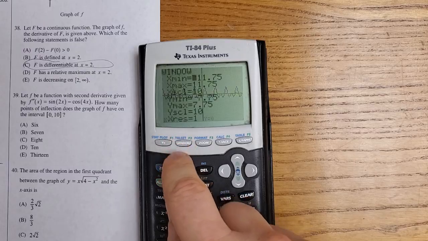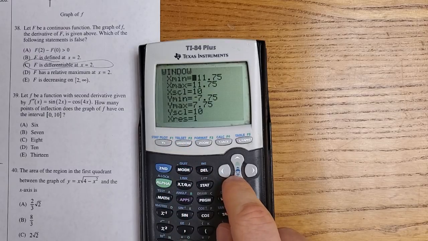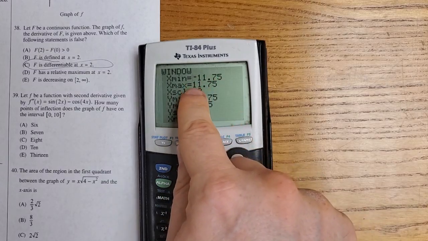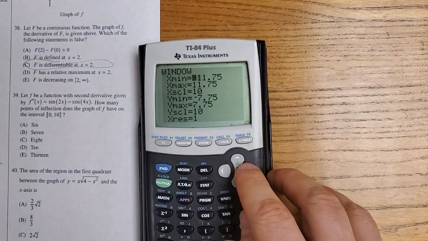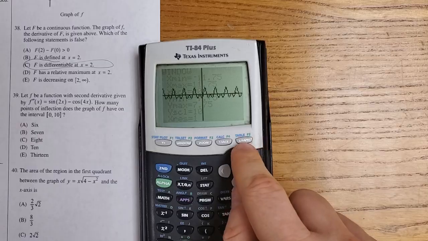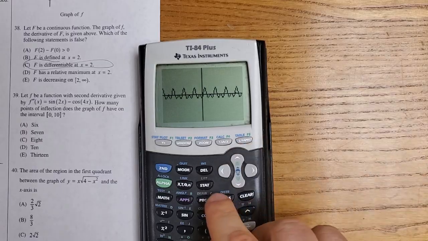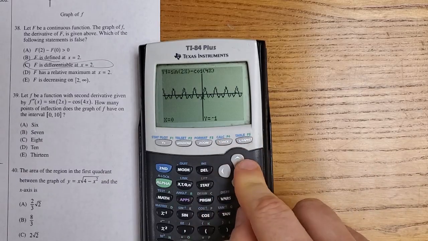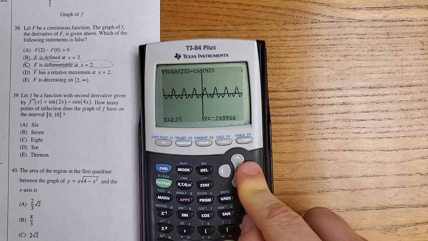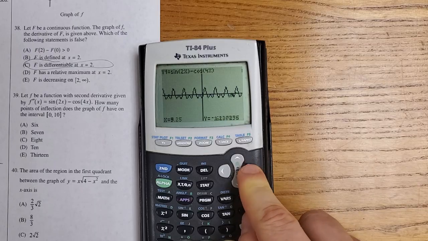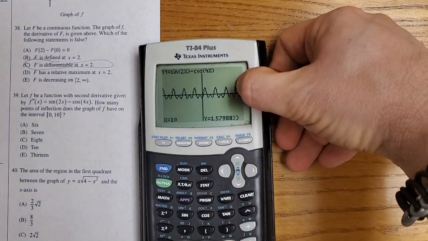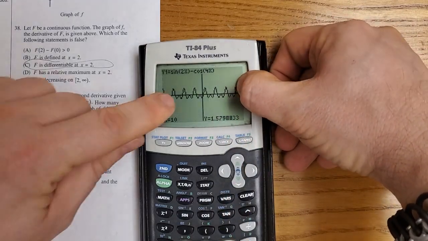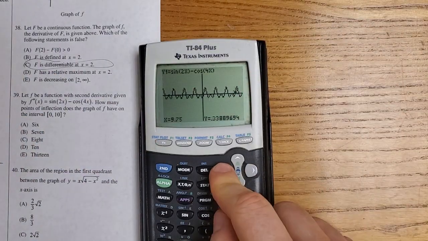But then I'm also going to go to window. Well, okay, it's going from -11. So we can actually kind of see it pretty well here. We want the interval from 0 to 10.